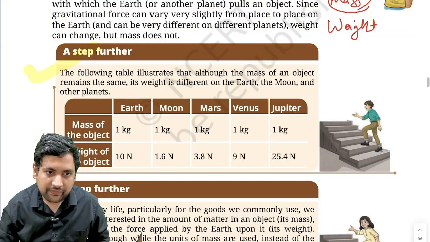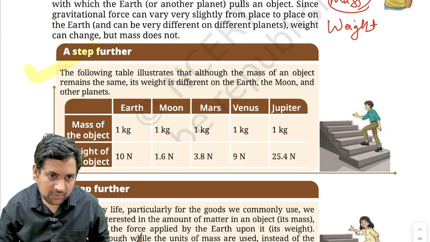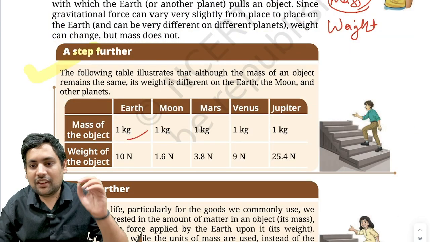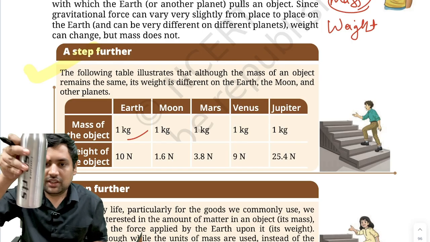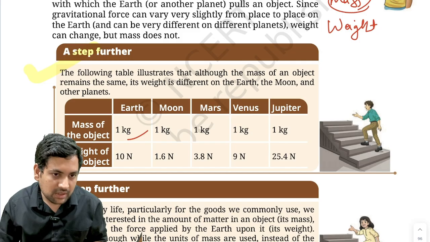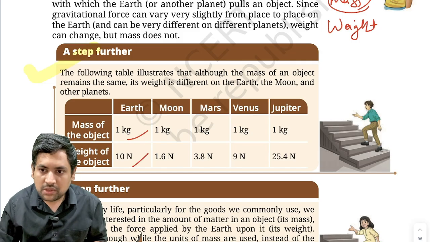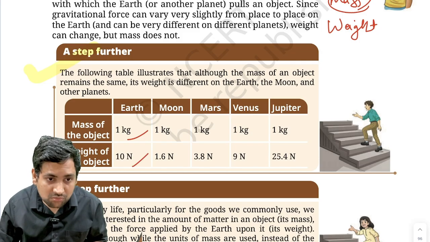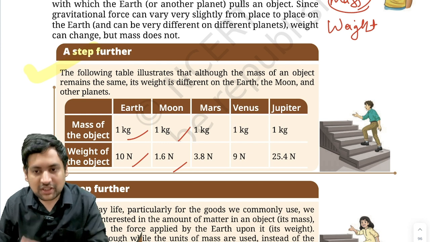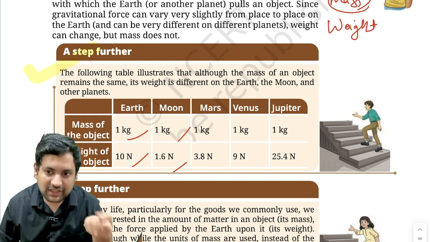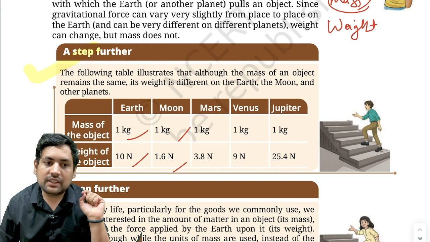Now understand why. So on earth, let's say this bottle is of 1 kg. Now this 1 kg bottle on earth, what will be the weight? 10 newtons. Why? Multiplied by 10. On moon it will be only 1.6. Why? Because the acceleration caused by gravity is much lesser here.